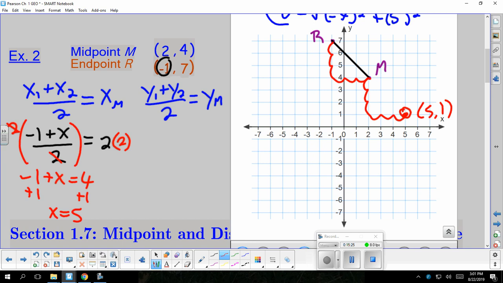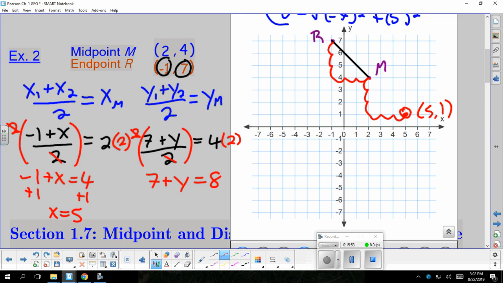And then I do the same thing for the y-coordinate. There is our y-coordinate, so there's our 4 there. There's the other endpoint, and then that y is the value we're looking for. Go ahead and solve that out. Multiply both sides by 2. 7 plus y equals 8.